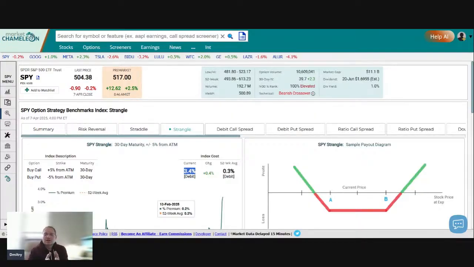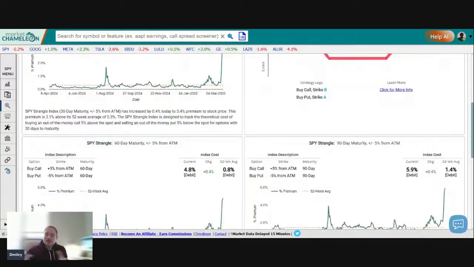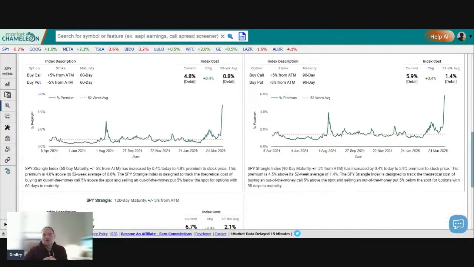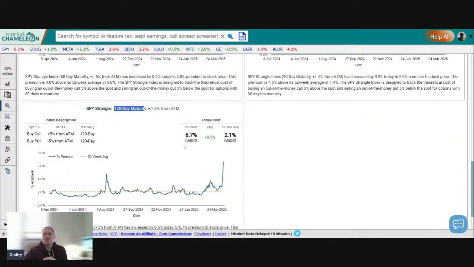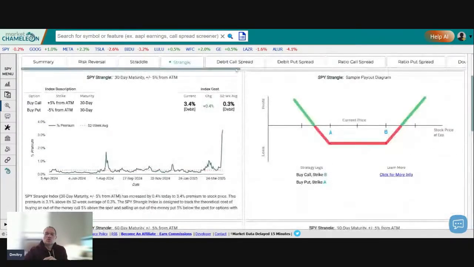Okay, and when we're looking at the strat before we go to the options chain, here we could at least come to a place where we could evaluate the benchmarks to see how they look on a relative basis. Again, relative to history, relative to other strangles on different expirations, like we have 120-day too, or you could look at it against other securities like QQQ, right?